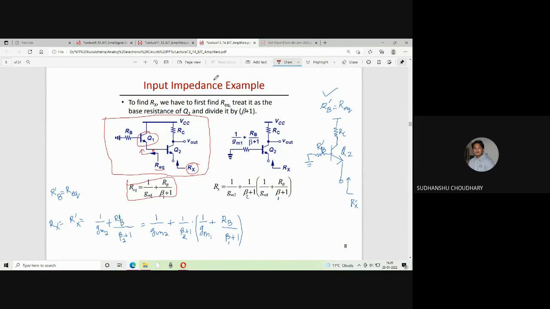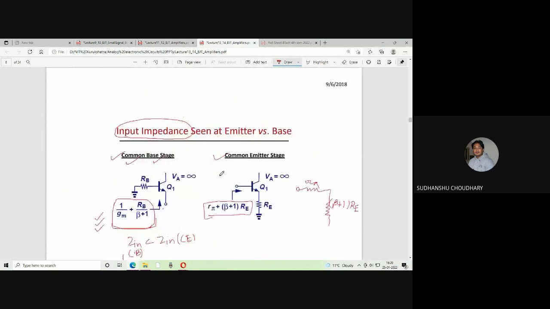I replace Q1 here by the impedance present at this point. So this circuit is now simplified, and it is similar to the common base configuration that we have already considered without source resistance.